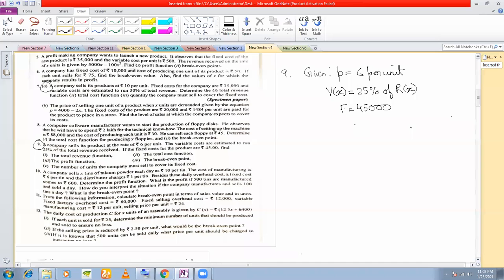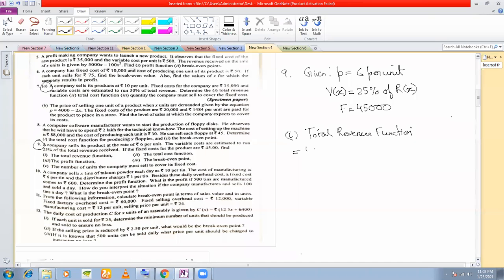Now we come to the question. Question number 1. You need to find out the total revenue function. What is the total revenue function?